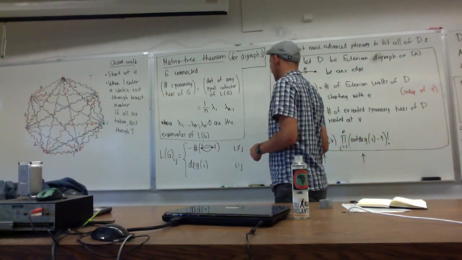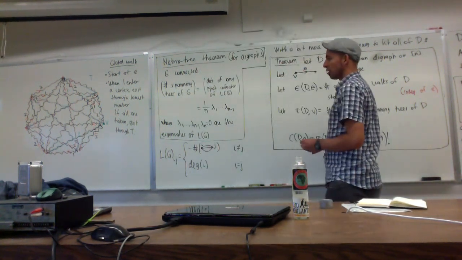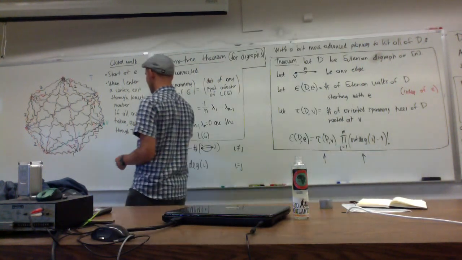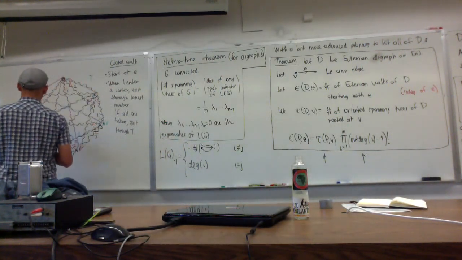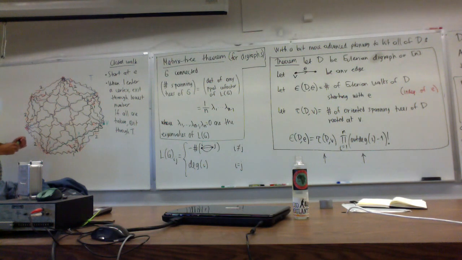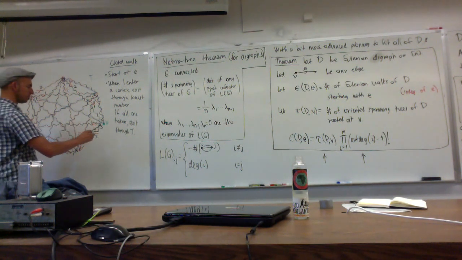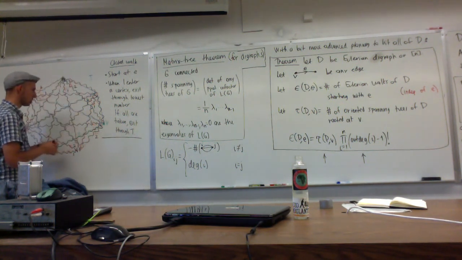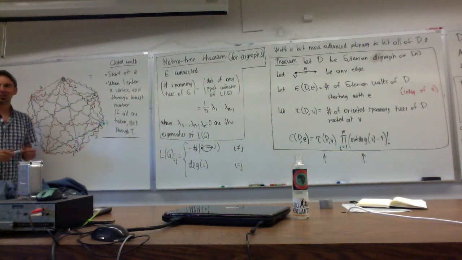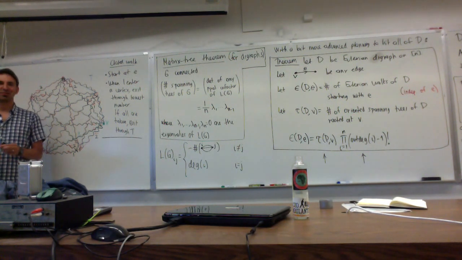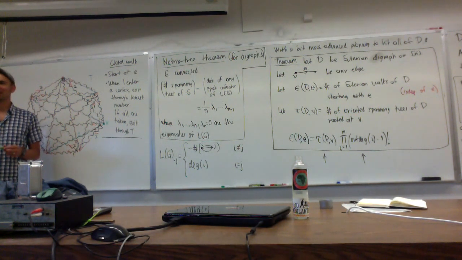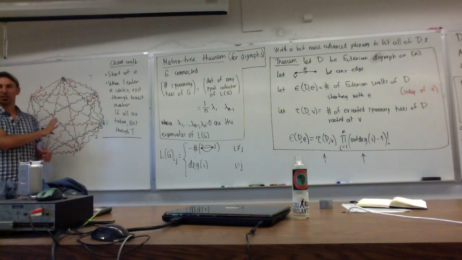So how do you know that you hit everybody? The reason you know you hit everybody is the following. Again, pay very close attention because I'm not going to write anything. Suppose that I didn't hit everybody.